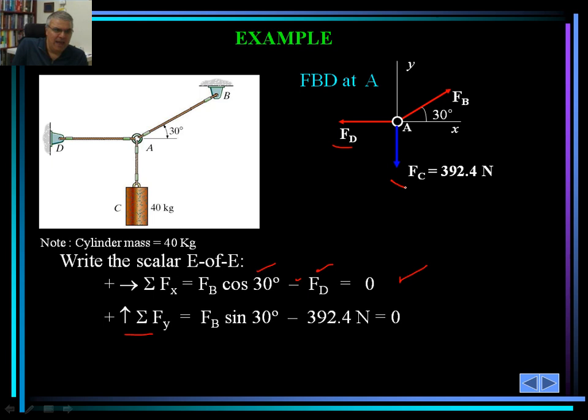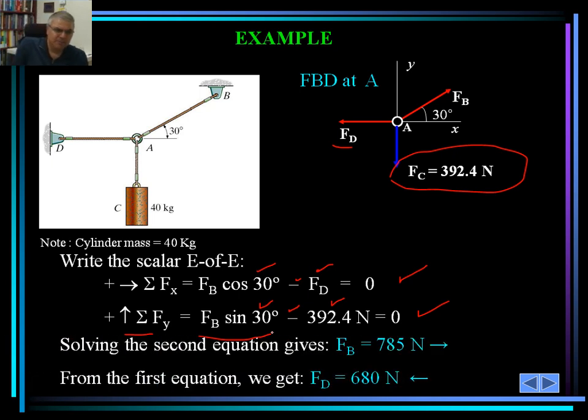In that case, we have one component, which is F sub C acting downward, 392.4, so that's negative. And there is also a y component of force F sub B, which is F sub B sine 30 degrees. That's also acting upward, and we set that to 0. So from here, right away, we can calculate F sub B as 392.4 divided by sine of 30, and F sub B should be 785 Newton.